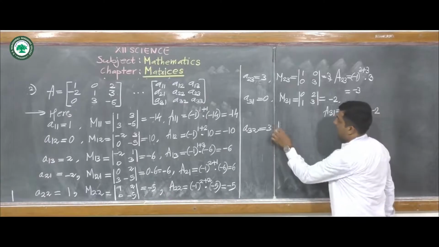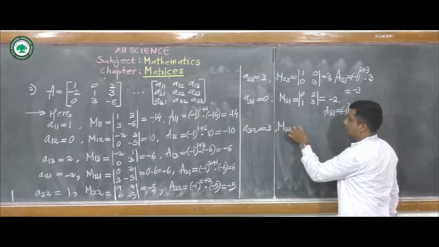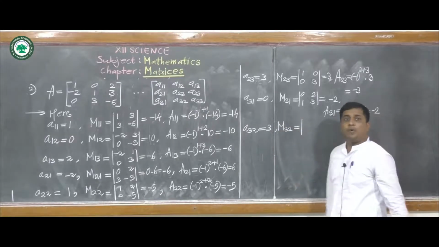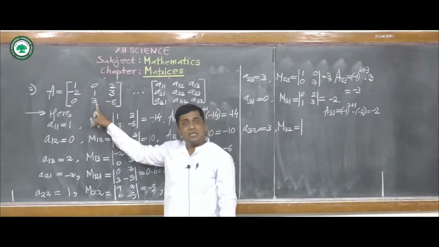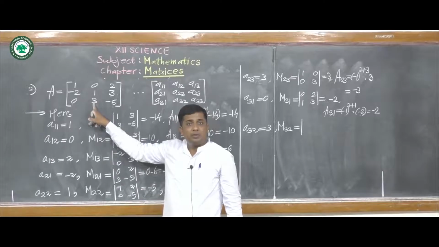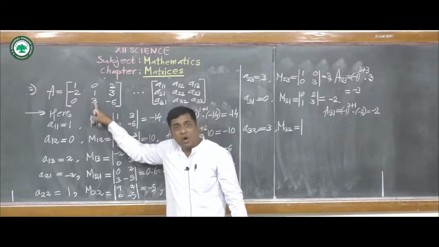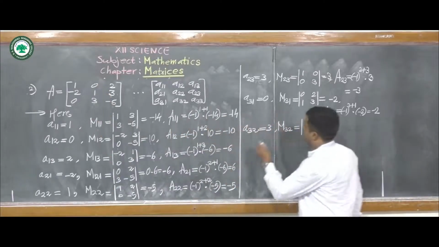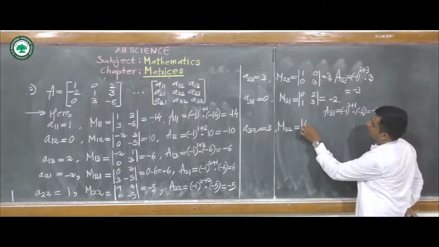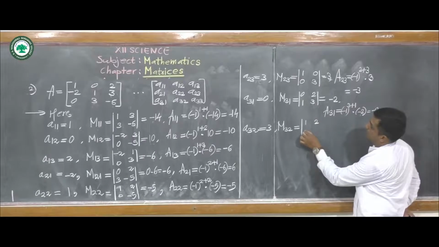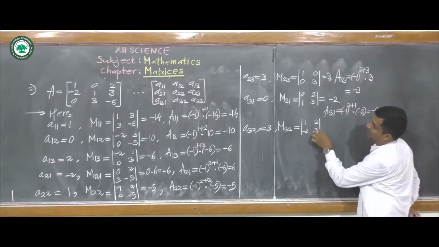Then its minor M32: the position of this A32, that is this 3, is in the third row and second column. We delete the third row and second column, and inside the determinant remains 1, 2, minus 2, 3.